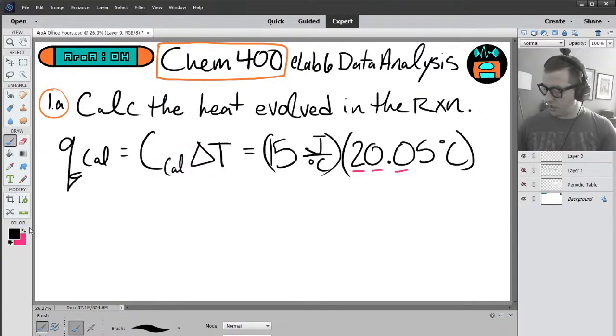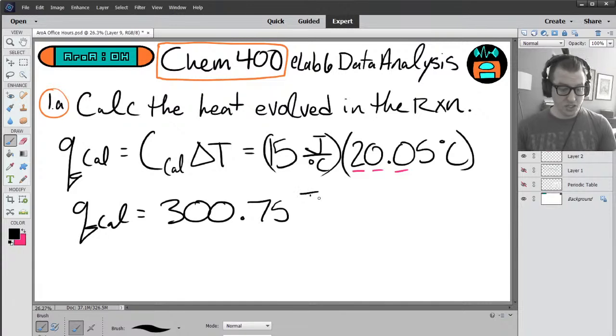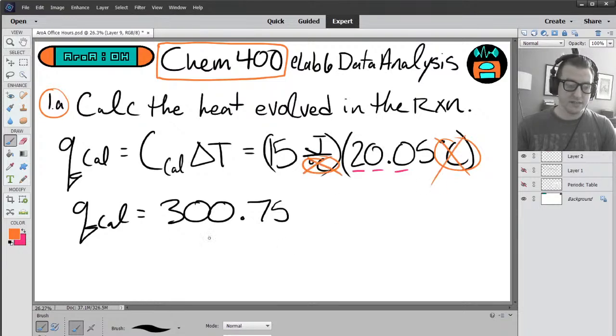All right, so we're good to crunch numbers again. 20.05 times 15 gives us a value of 300.75 joules. If you look at your units, degrees Celsius cancels degrees Celsius, so our units are joules.